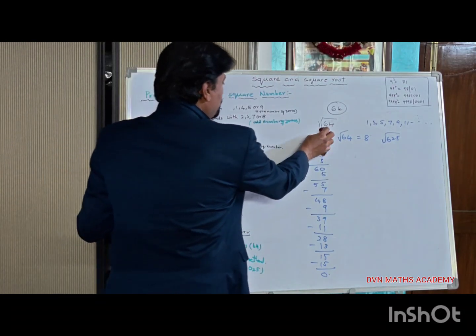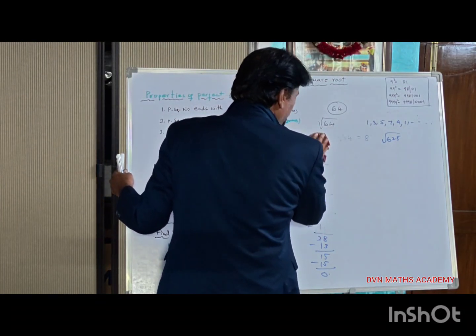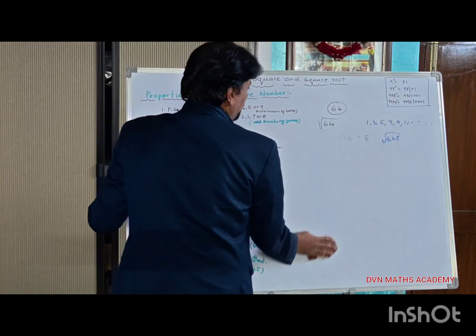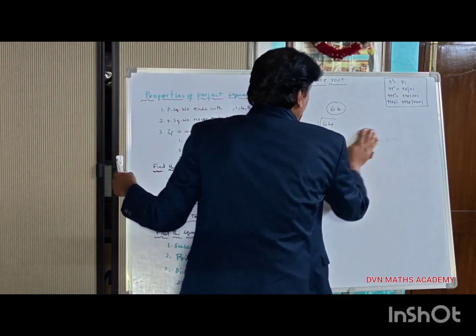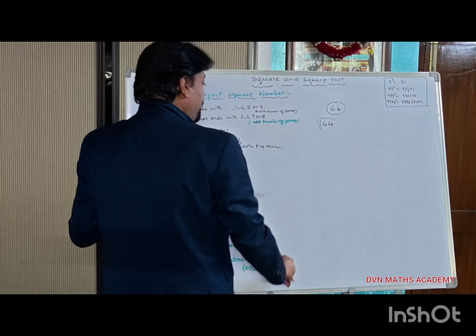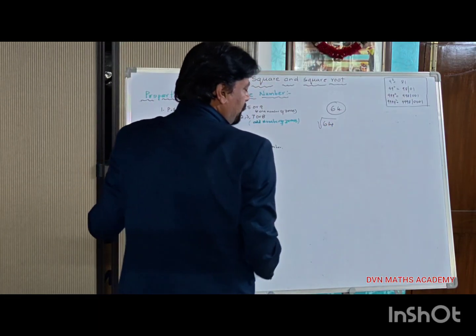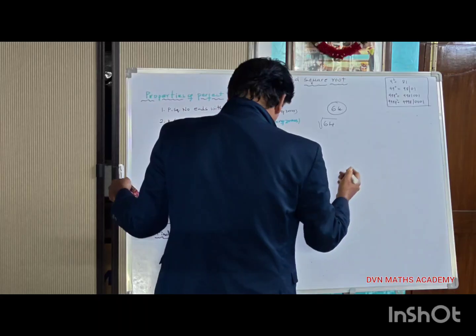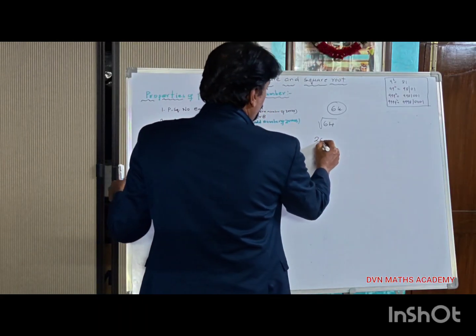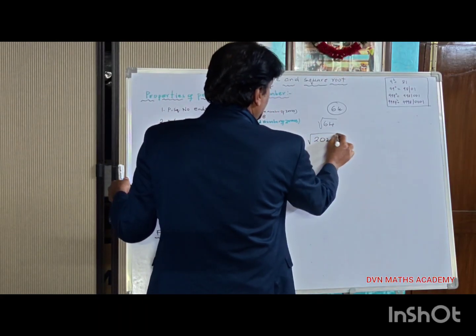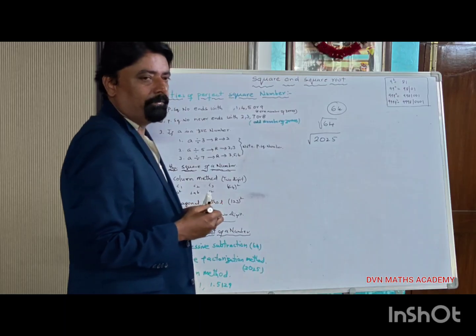So everybody knows the second method is the factorization method. I mean prime factorization. This method is very interesting. If you want to find the square root of 64, same number I am taking. Here I selected one number, this is 2025. How to find the square root of 2025?